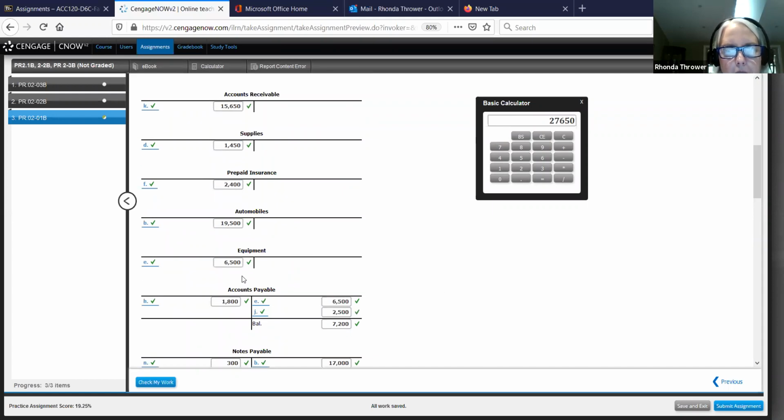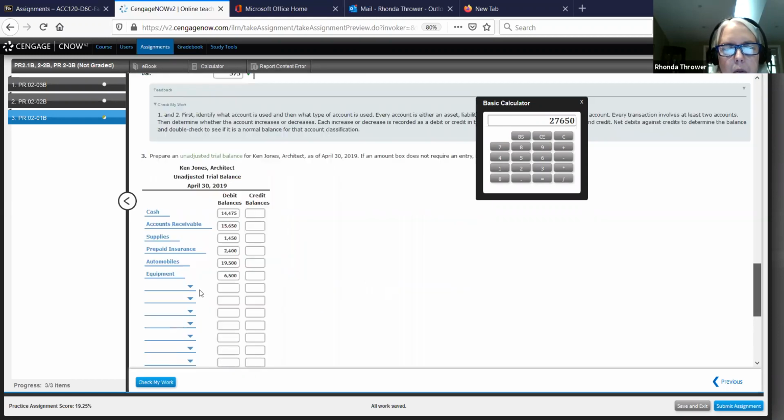The next account is accounts payable. Be careful, accounts payable is a liability. Liabilities have credit balances because that's the side they increase on. So I'm going to copy $7,200 to accounts payable.